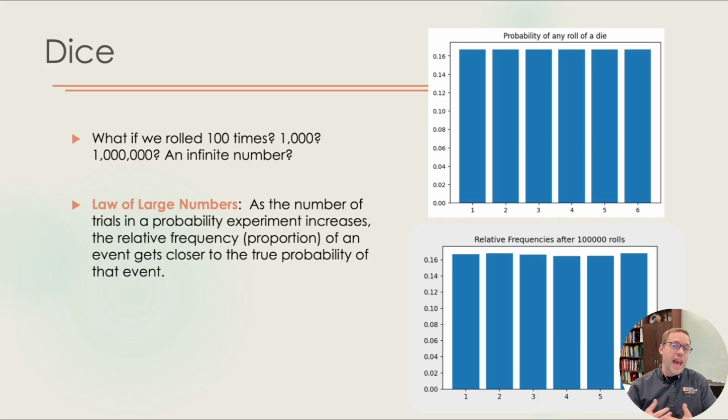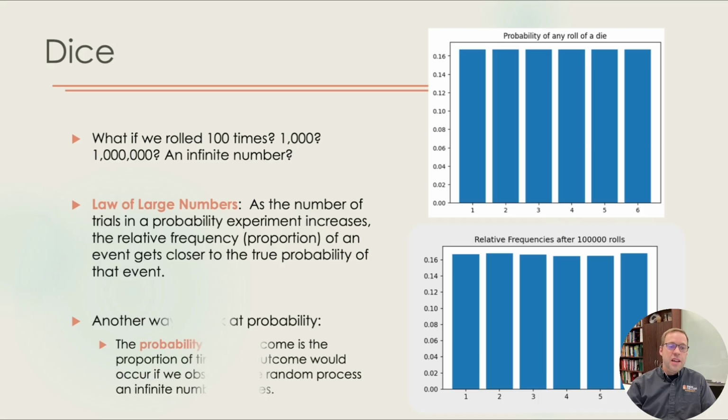With that, we can actually come back to our original definition of probability, which looks something like this. The probability of an outcome is the proportion of times the outcome would occur if we observed the random process an infinite number of times.